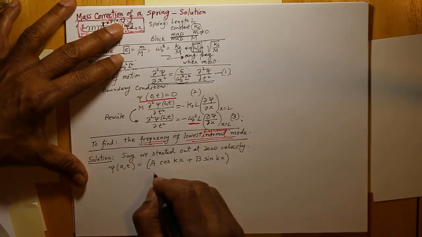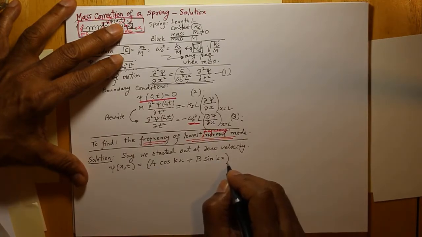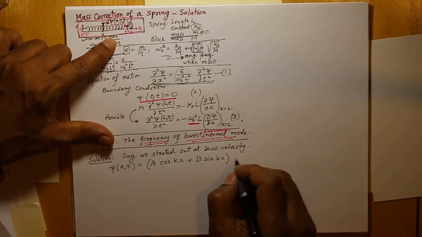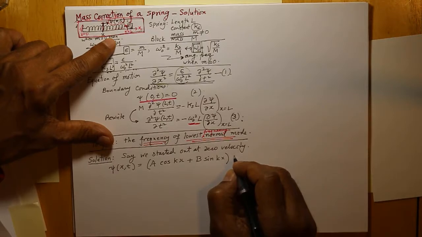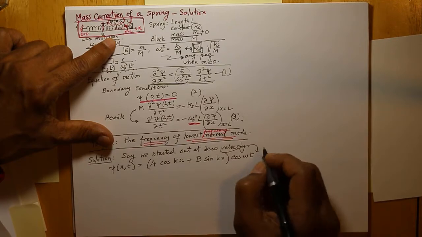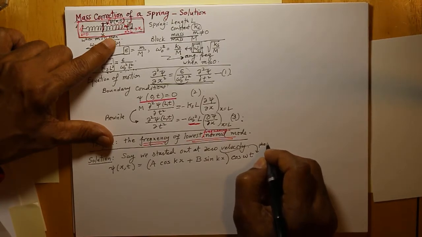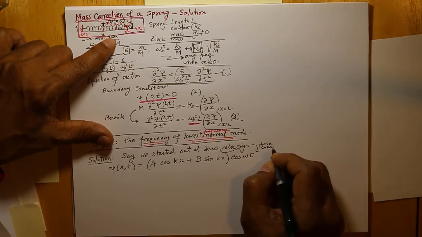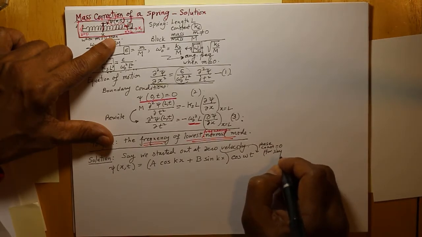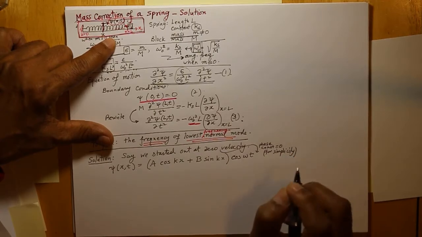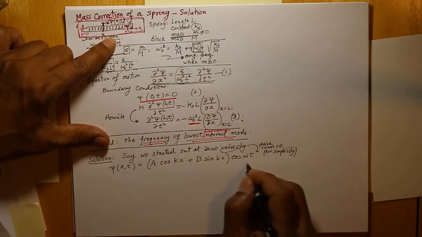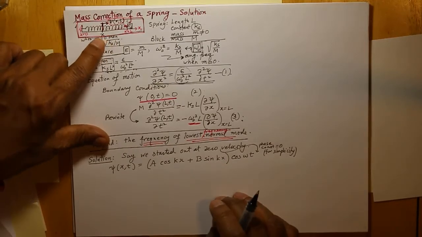This will give me where each part of the spring is, times cosine omega t. For zero velocity, I don't need a phase constant. For simplicity, it's not necessary. You can do that with another velocity, but it will not add to our understanding.